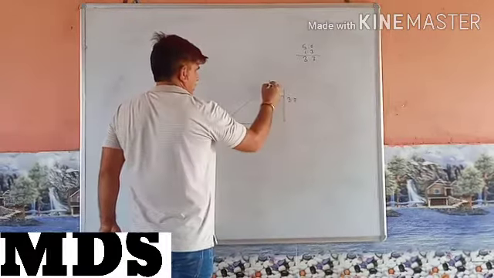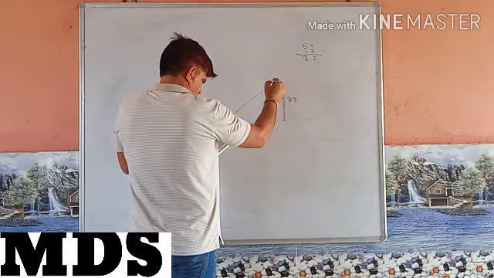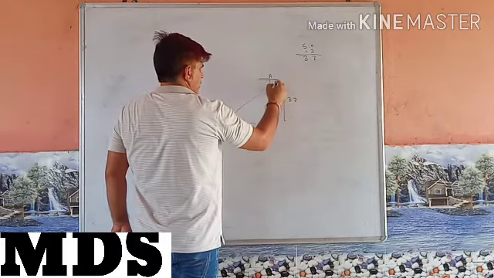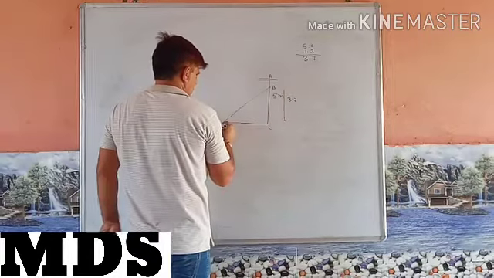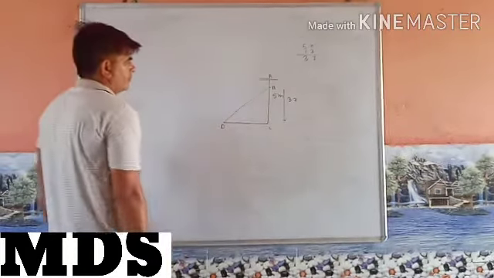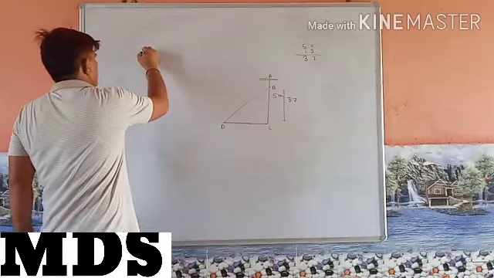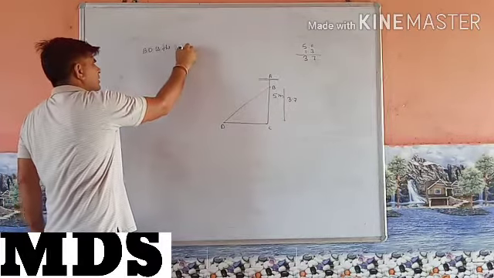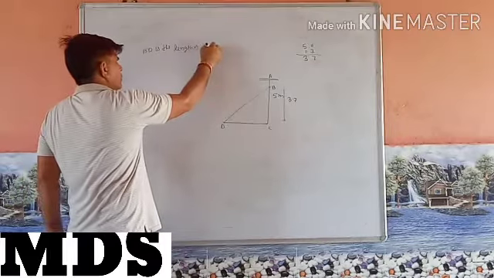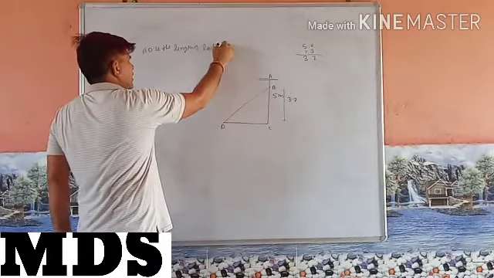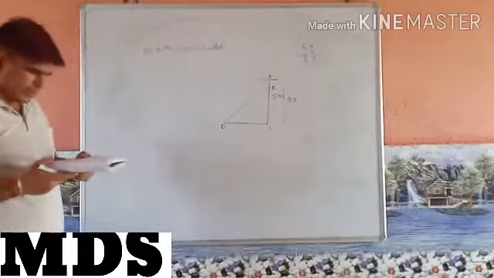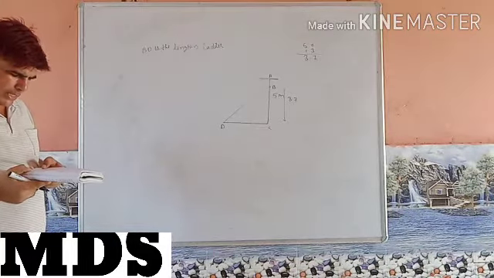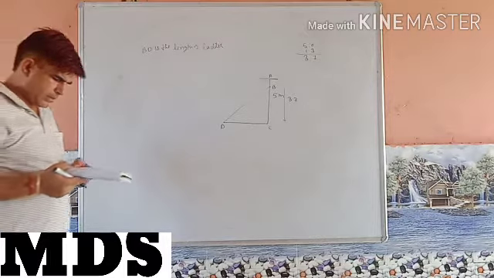Let this be A, this is B, this is C and D. Here BD is the length of the ladder. What's the length of ladder? BD. Yes or no?